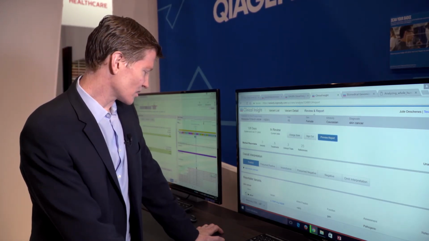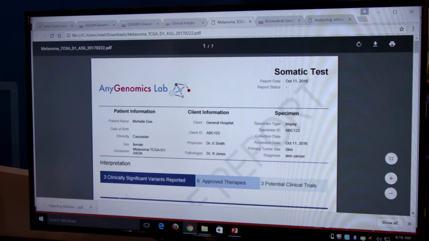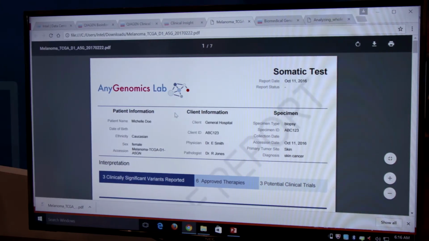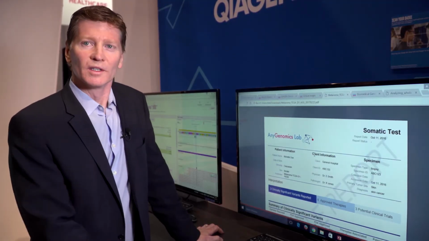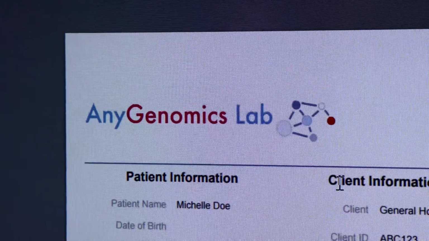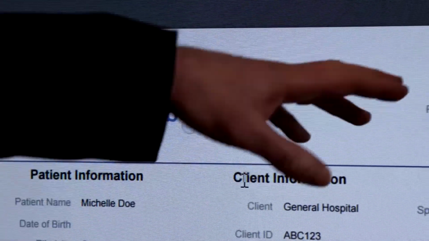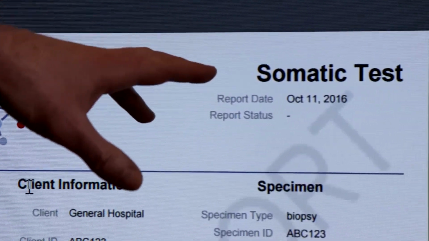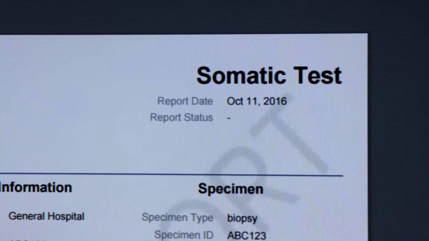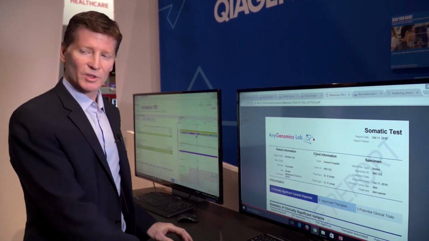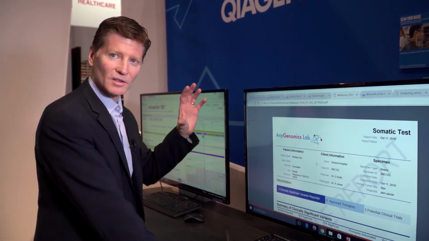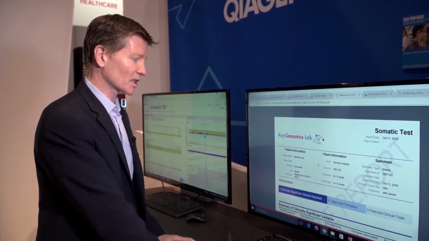So let me just give you an example of a report. There we go. And this is just a generic reporting template that gives you an example of the type of report that can be generated off the Clinical Insight platform. So again, this one is tailored towards oncology applications, somatic cancer testing. Here we would have the logo, name, test name, etc. from the particular healthcare provider so they can brand this particular test product.